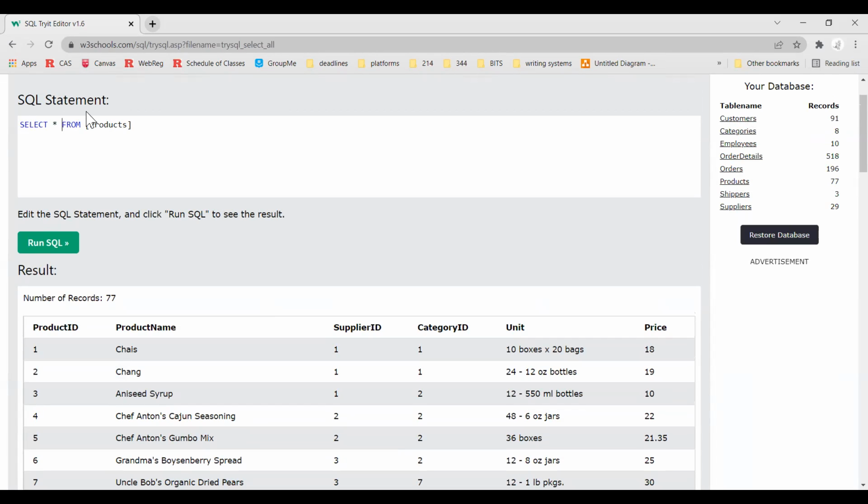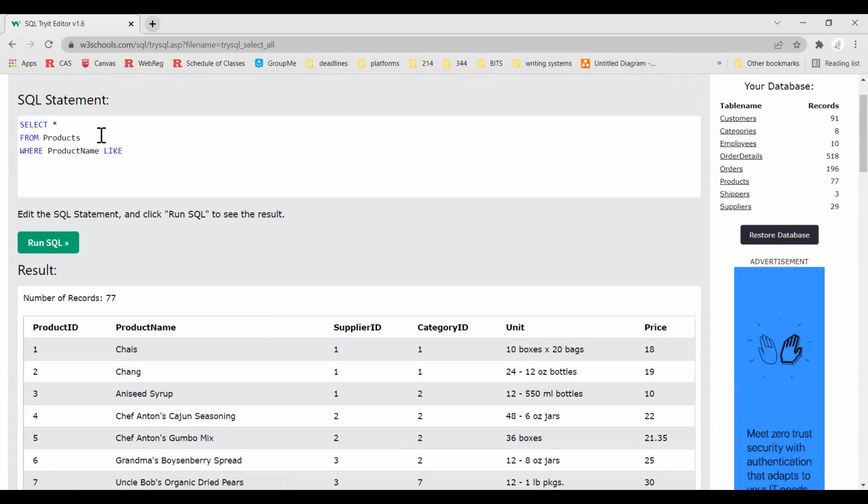So let's see, we'll get rid of these packets because I've just been leaving them there. And where product name. And the keyword here is going to be like. You can format it like this.